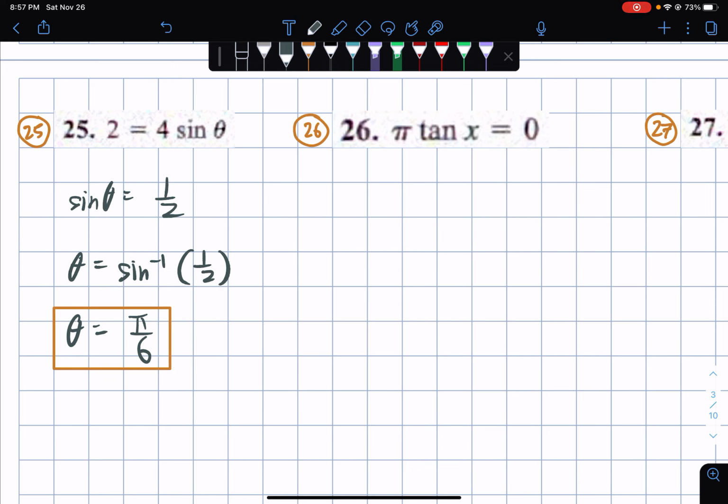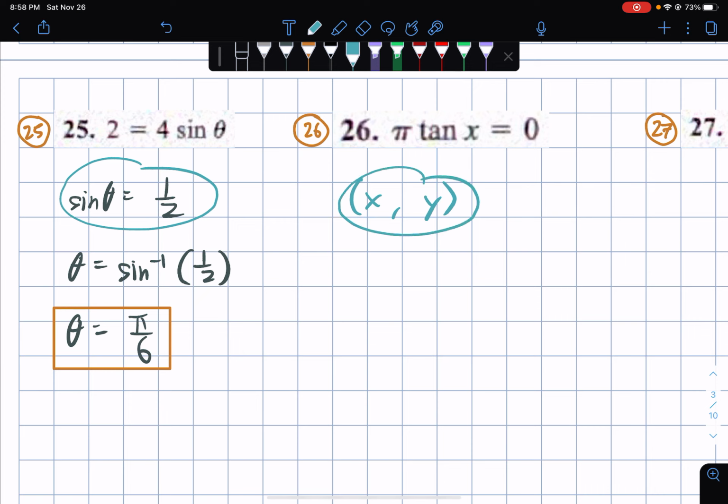For number 26, pi tan x equal to 0. By the way, for number 25, I do suspect that because sine theta is equal to 1 over 2, based on the unit circle, with the usual xy, in the context of this lesson, cosine theta would be equal to x and the sine theta would be equal to y.